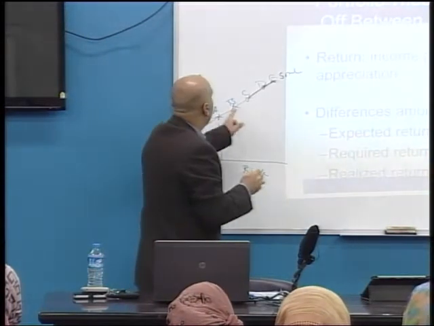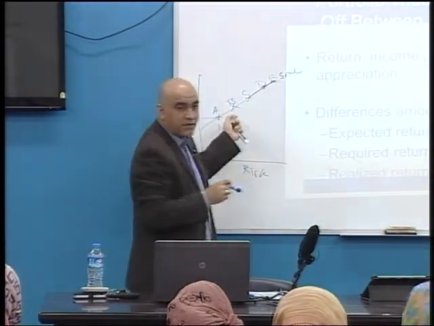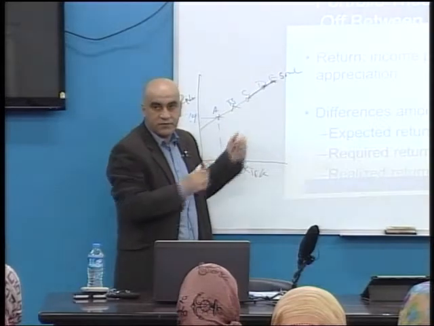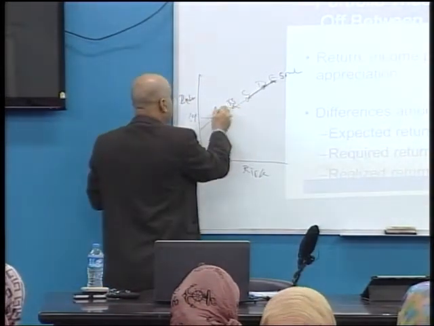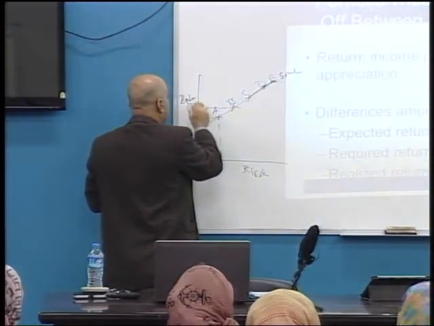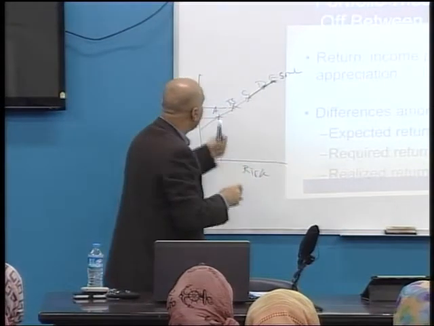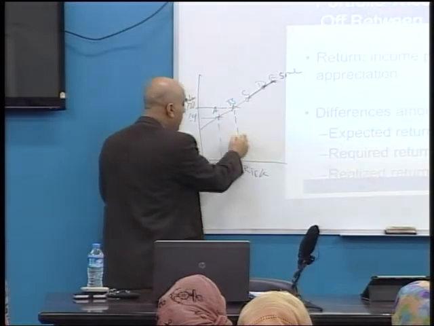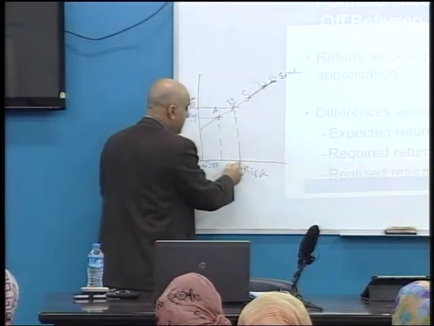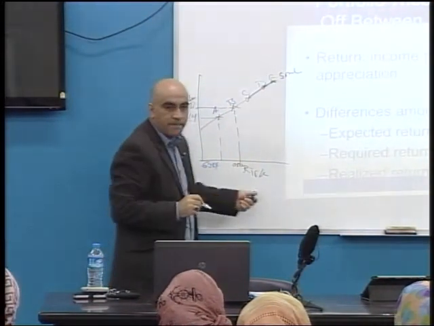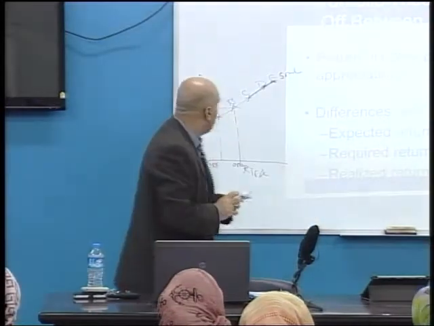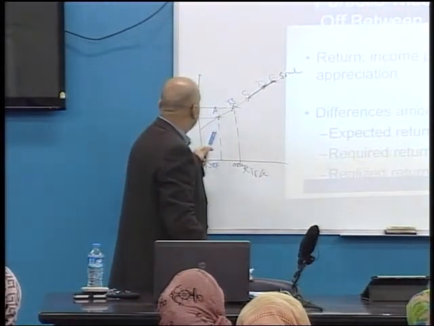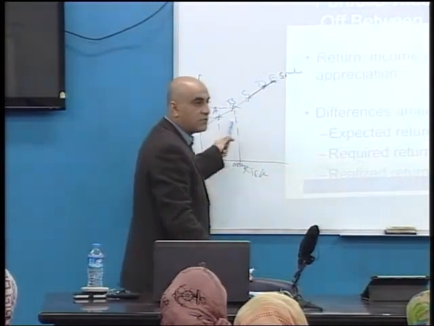If the investor of B is asking for a higher rate of return, could be 12%, as long as he or she is asking for a higher rate of return, he or she has to hold higher risk. Consider this is, for instance, 50%. The difference between A and B is considered a risk premium.